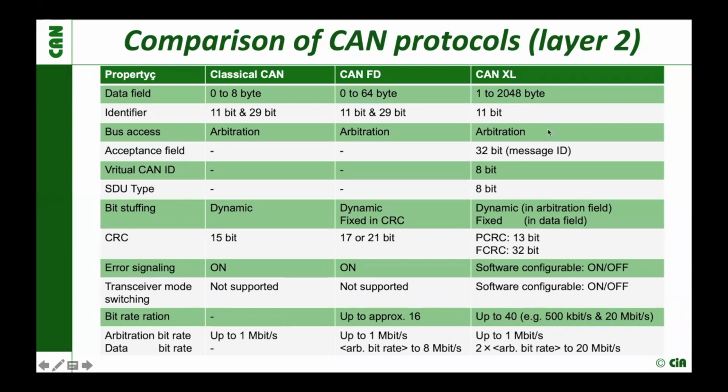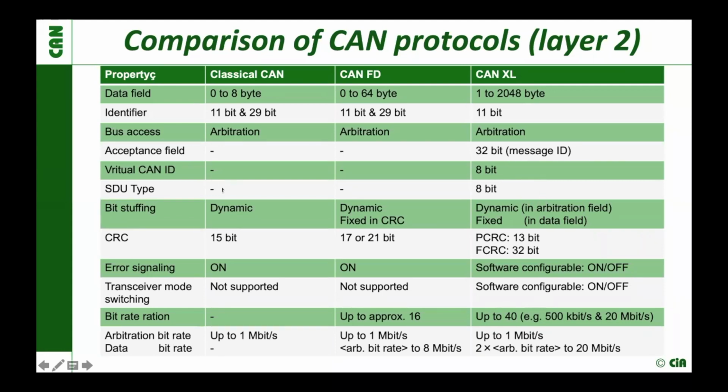The CAN XL protocol has only an 11-bit CAN ID, and has a new field named acceptance field, which is 32-bit. This field can contain a node address or content identification information, like a message ID.